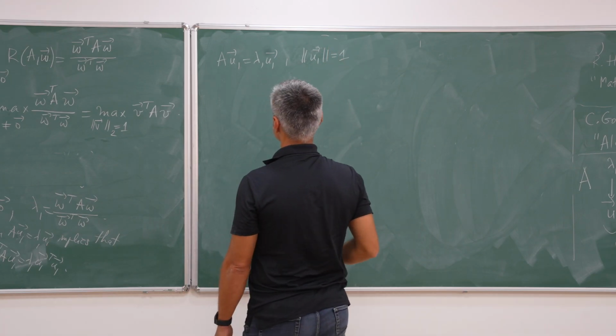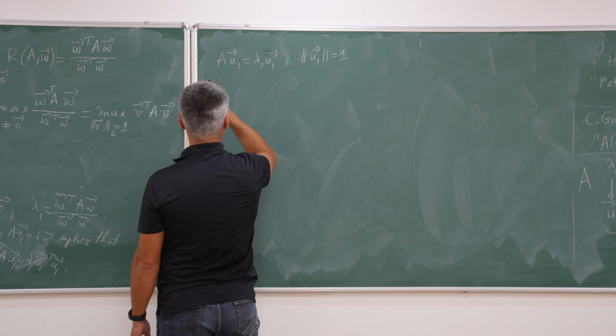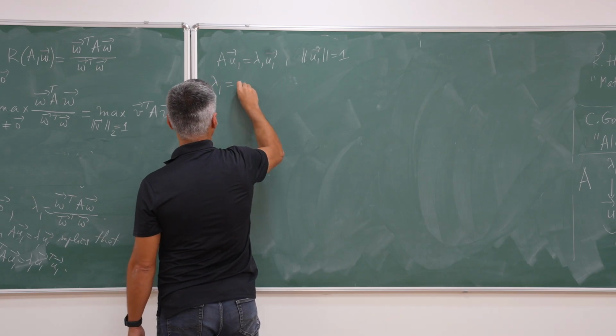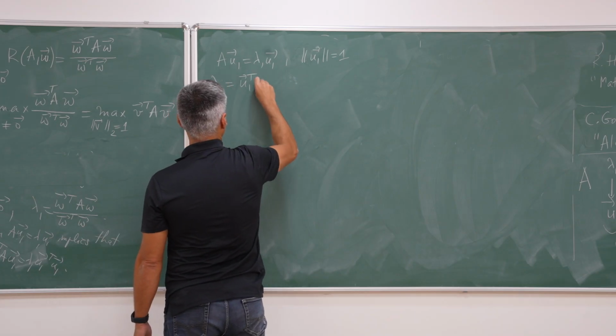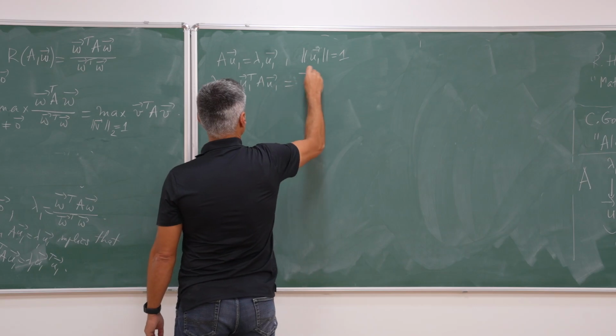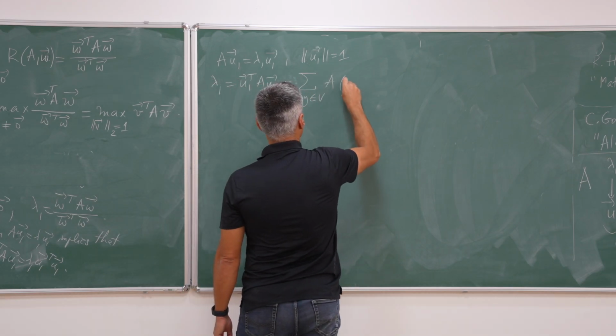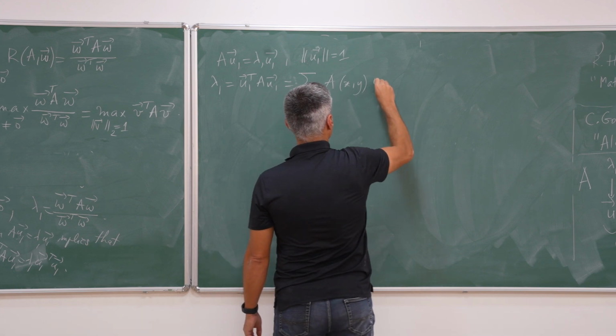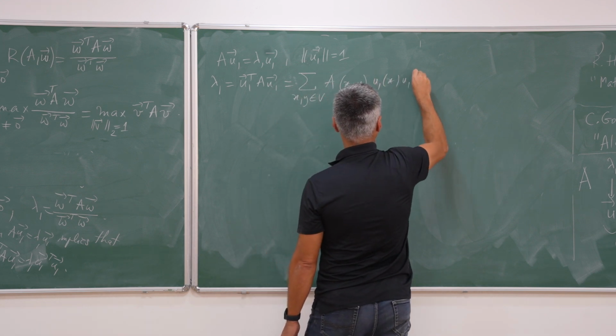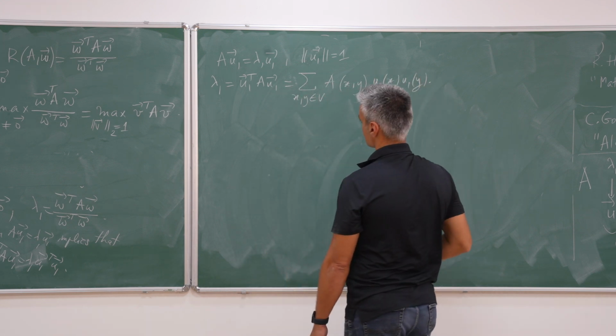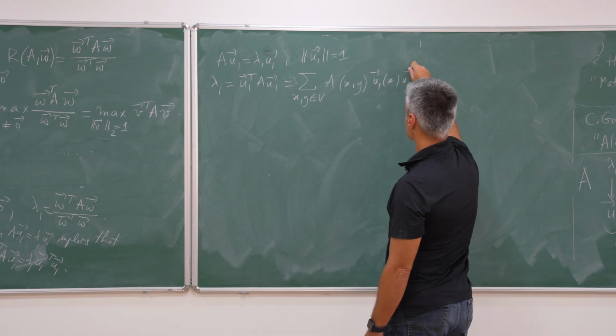So then I do the same calculation as before, and I have that lambda 1 is U1 transpose A U1, so it's the sum over x, y in V of A_xy U1(x) U1(y).